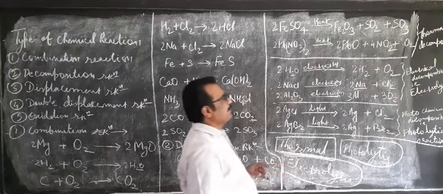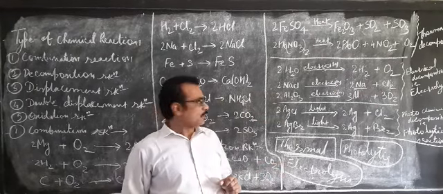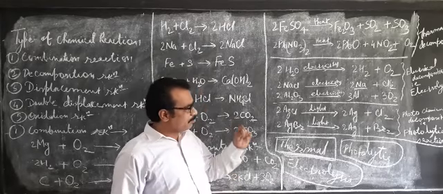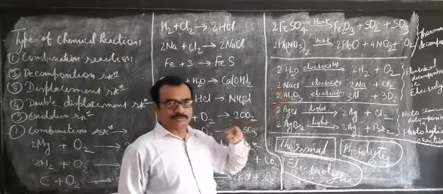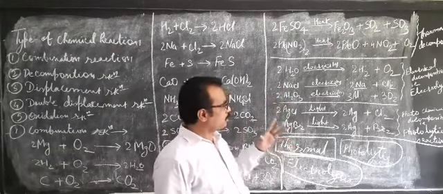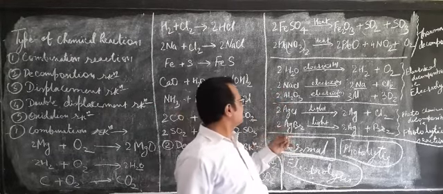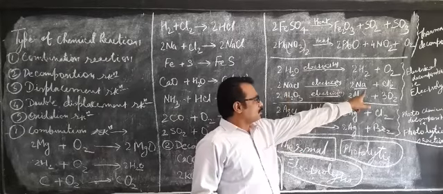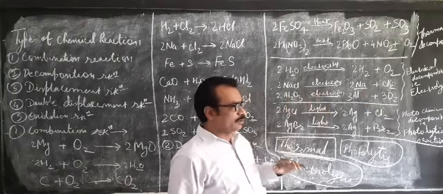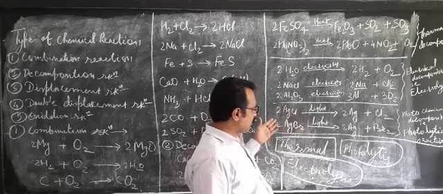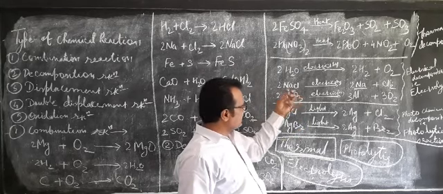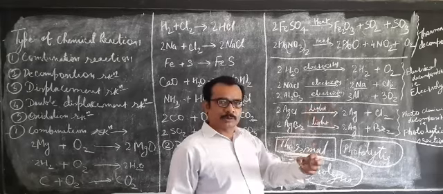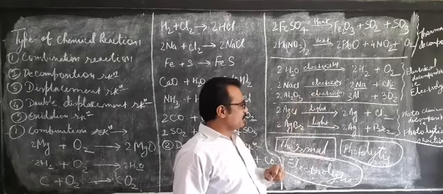So here we are getting the metal. That is why decomposition reactions are used to extract a metal from its ore. Sodium chloride is the ore for sodium. It is available in seawater. So there are many uses, but we will discuss two or three. To extract a metal from its ore, we utilize the decomposition reaction.